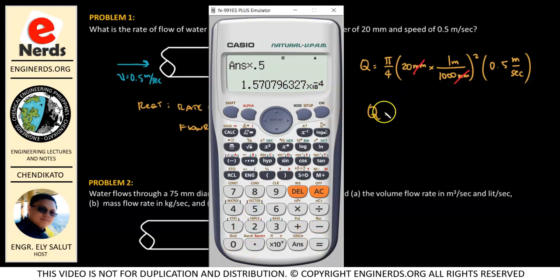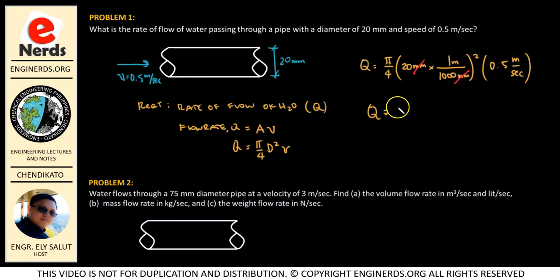So, we have here our Q, which is equal to 1.57 times 10 to the negative 4 cubic meter per second. Okay, so this is our final answer for this question.